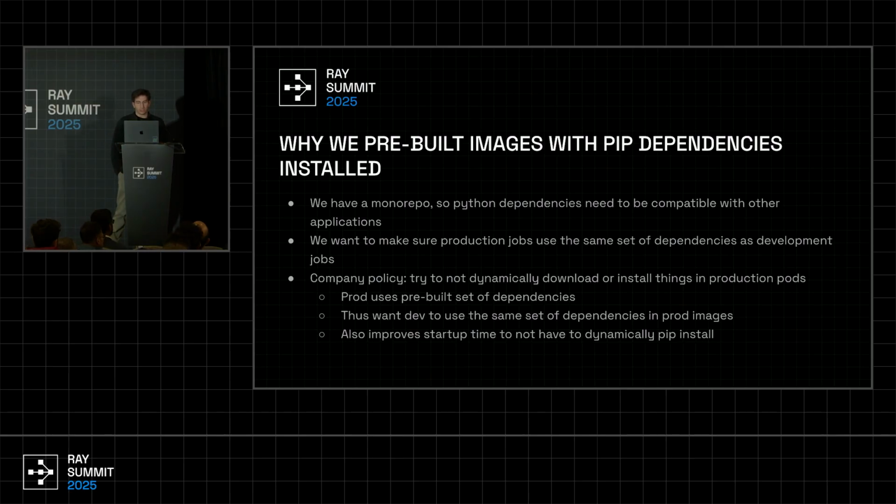We also wanted a way of ensuring that developers' jobs are at least starting from a point of having the same set of dependencies that the production jobs would have, though as a means of allowing users to test out new frameworks and install requirements that they need for new use cases, we do expose a capability for them to add new dependencies and rebuild the images. Additionally, Robinhood has a policy of trying to not dynamically download and install things onto production pods. So we want to keep this consistent between development and production workflows where possible.